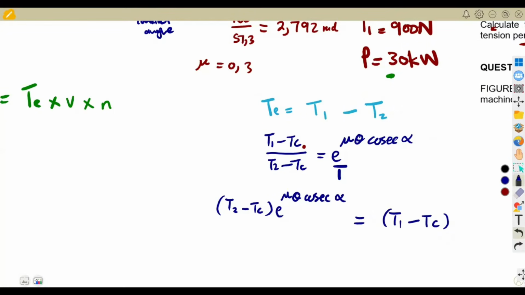Okay, so what does it mean? It means I can divide by this. Remember, I want to make T2 the subject. So I can divide both sides by e to the exponent of this.